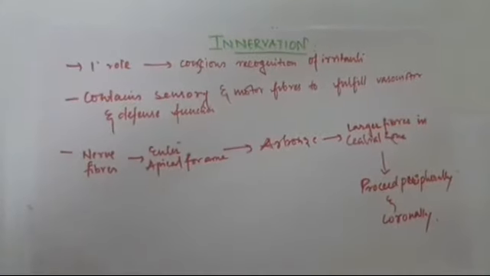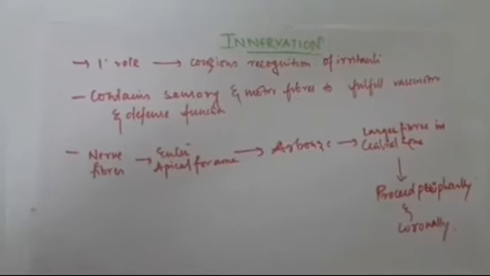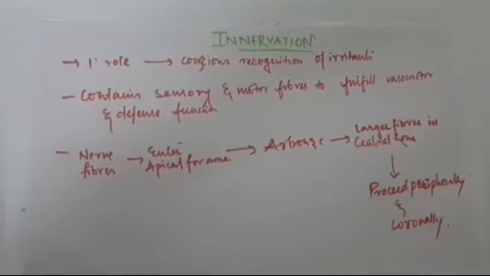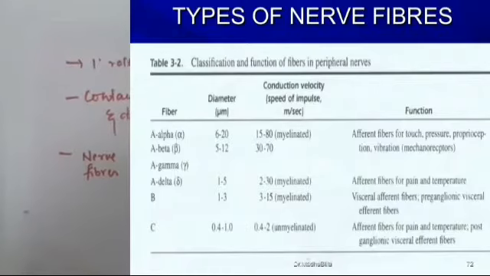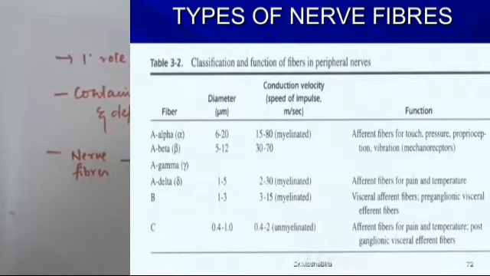Let us now come to the innervation in pulp. The primary role of nerve fibers in pulp is to help the pulp in gaining conscious recognition of irritants. Mainly, there is the presence of sensory and motor fibers to fulfill vasomotor and defense functions.